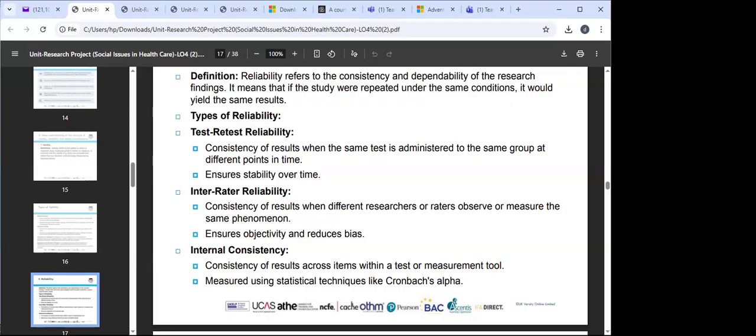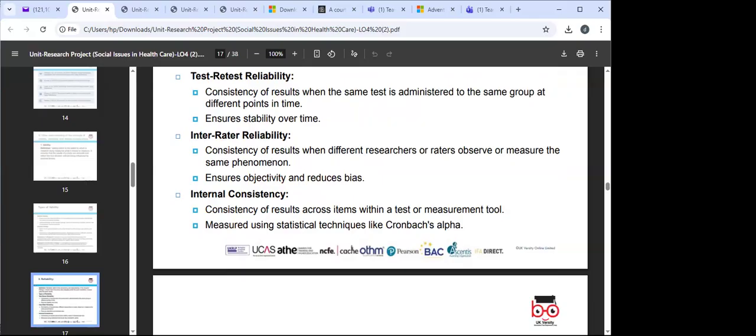Then you have inter-rater reliability: consistency of results when different researchers or raters observe or measure the same phenomenon. While the first one is more individual or a particular routine, the second one is more diverse.